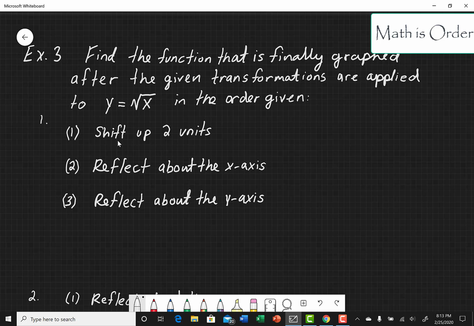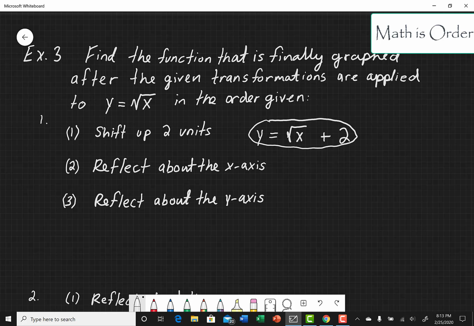In other words, after shifting up 2 units, what would this function look like? So again, like we said before, anytime you're shifting up or down, a function is just added by that number of units. So this is going to become y equal square root x plus 2 as our final answer here.